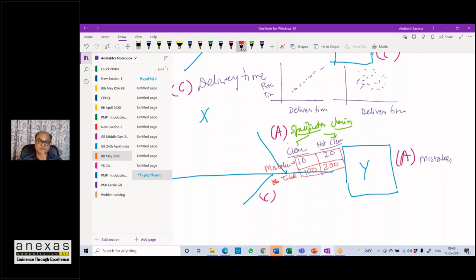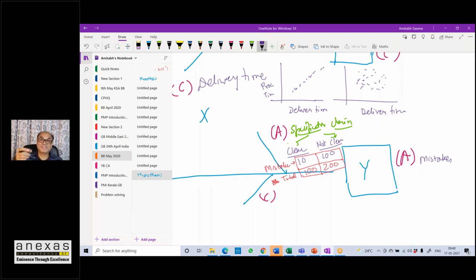Okay, I hope you understood this. And obviously, suppose I just want to change this to when the specifications are not clear, I'm committing, let us say, 100 out of 200. Then yes, with confidence, I can say that yes, clarity matters.